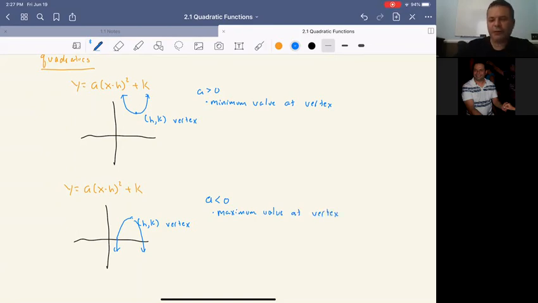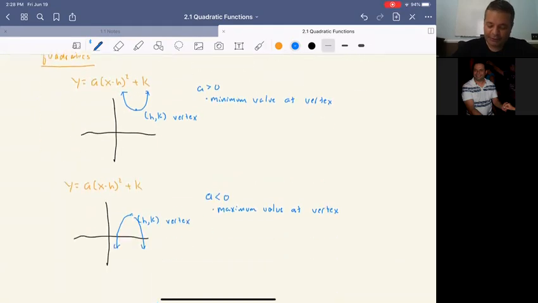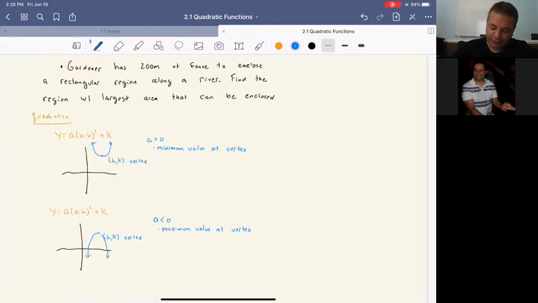And of course, if a equals 0, we don't really have a quadratic equation. We have a linear equation. Okay, so let's go back to the problem with this in mind.